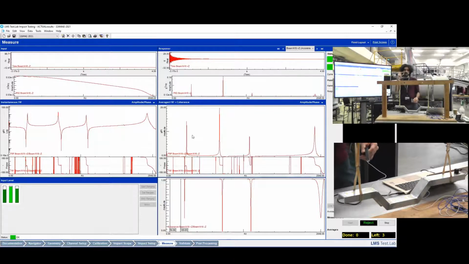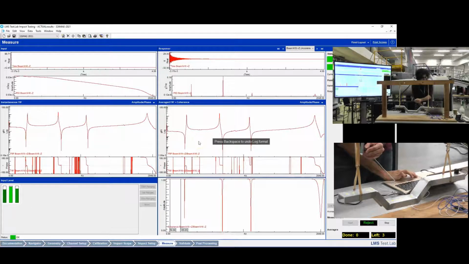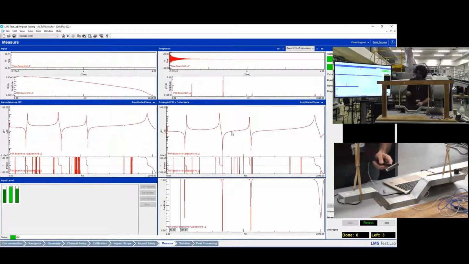Even if they are at low amplitude, they still have natural frequencies. So you need a way to discriminate between those, and the best tool is to plot them in log shape. So you see here, these peaks are there, but in the linear amplitude, you can't see them.